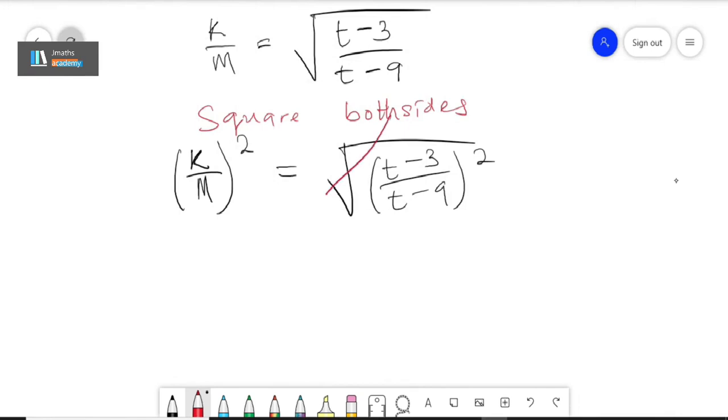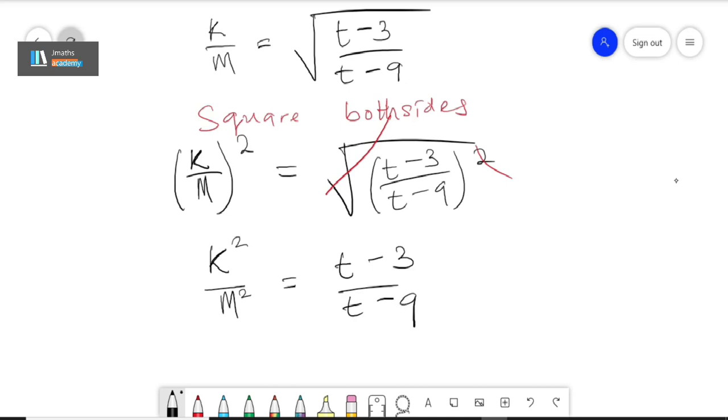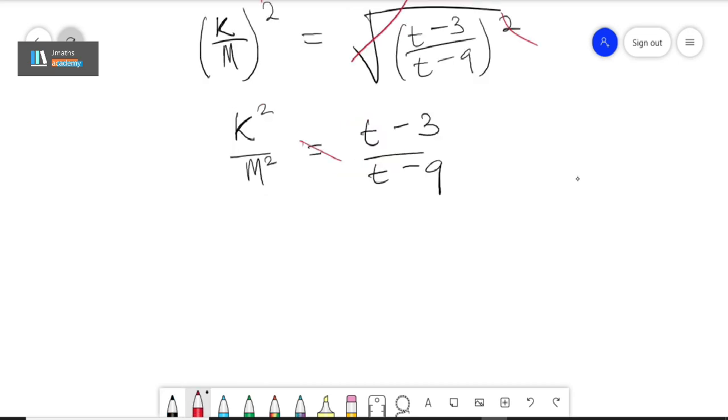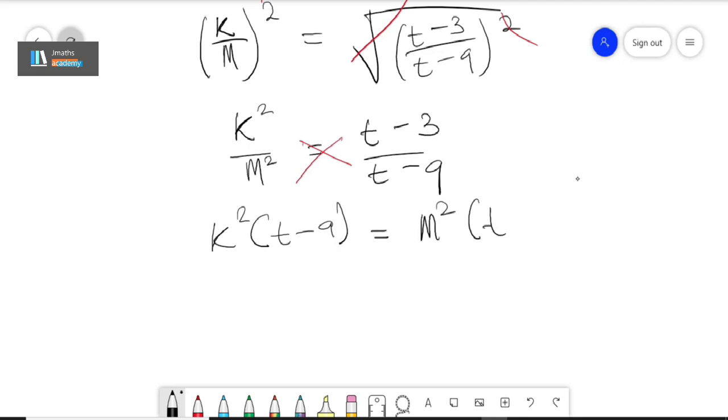So we know that the square root will cancel the square, and we're left with k square over m square is equal to t minus 3 over t minus 9. To continue, we cross multiply, and we then have k square open bracket t minus 9 equal to m square open bracket t minus 3.